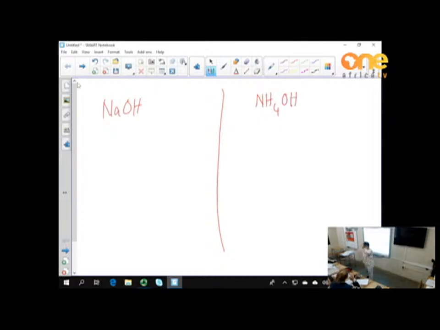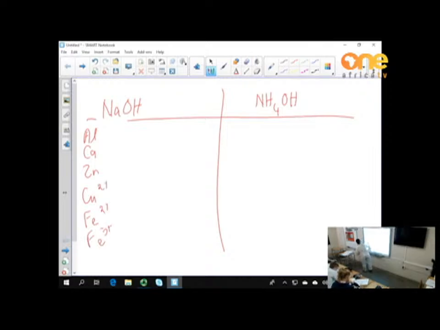And in each case, we found that we got a precipitate or no precipitate. The first metals that we had a look at were aluminium, calcium, zinc, then we had copper, iron, 3 plus, 2 plus, 2 plus, 2 plus, 2 plus, 3 plus.